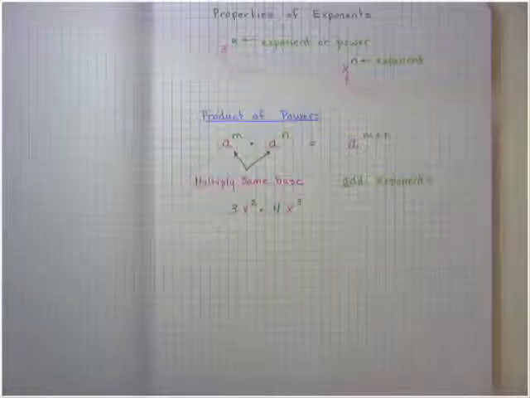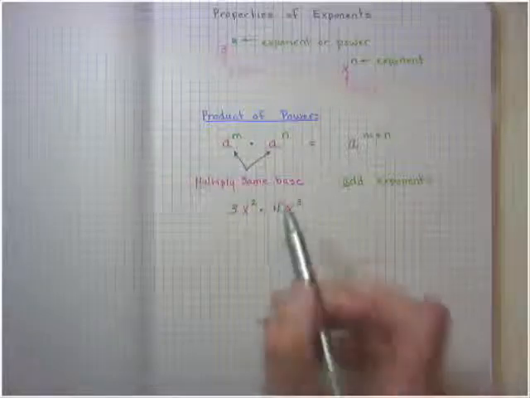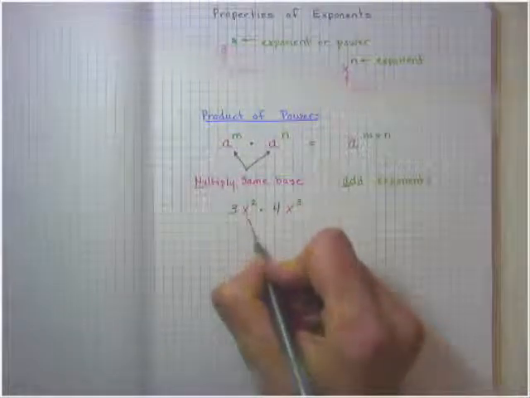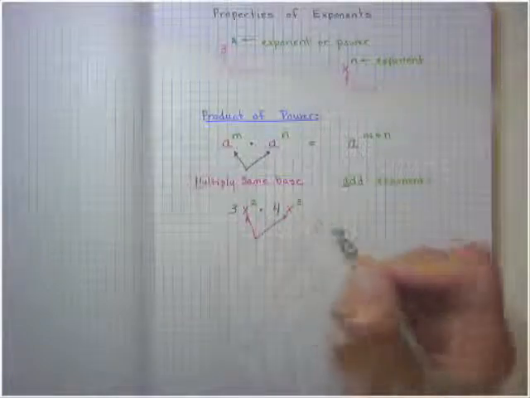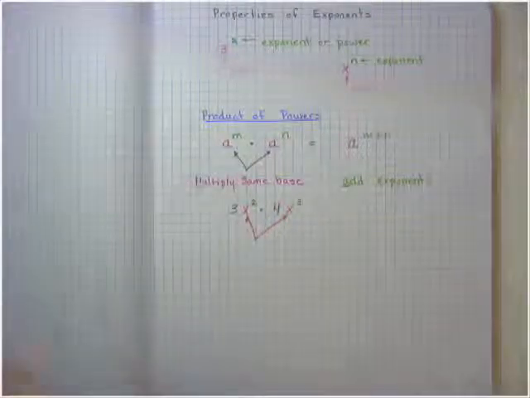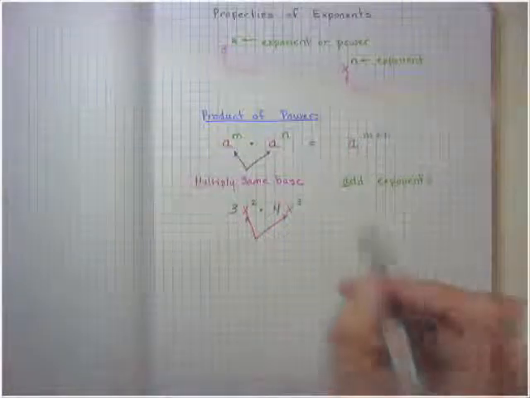So let's find out what our bases are. What's the base? The same base is going to be our x's. So there are our same bases, and what do we do with our exponents?